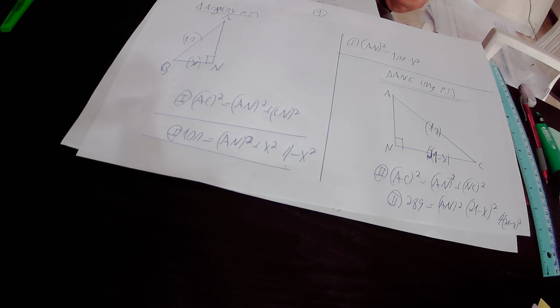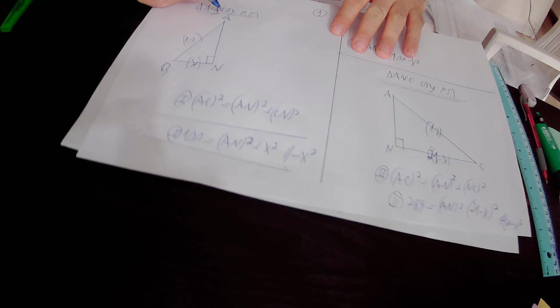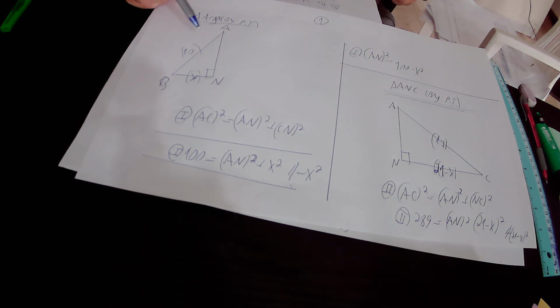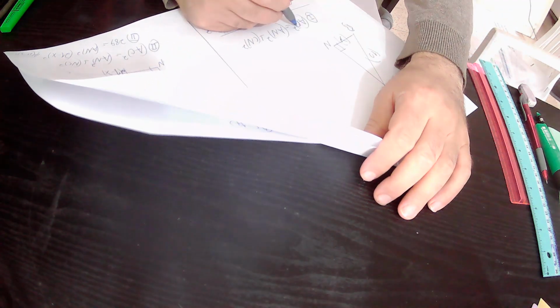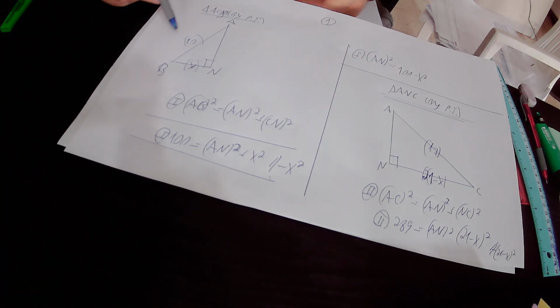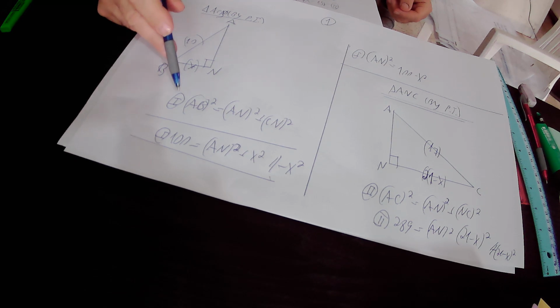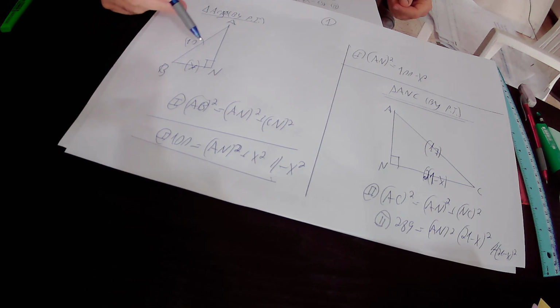So in this right triangle ABN, according to the Pythagoras theorem, AB squared equals AN squared plus BN squared. AB is 10, therefore AB squared is 10 squared, that is 100, and it equals AN squared plus BN squared.